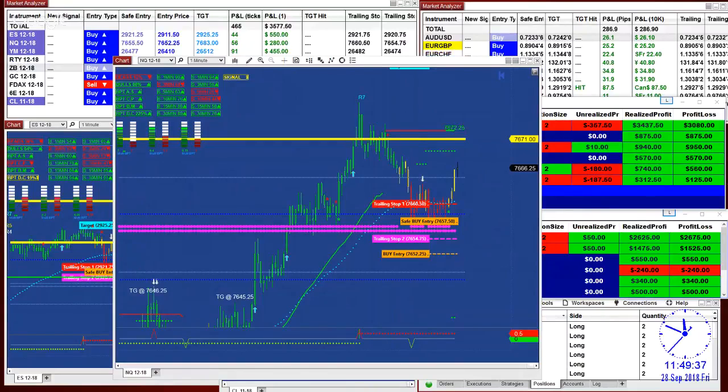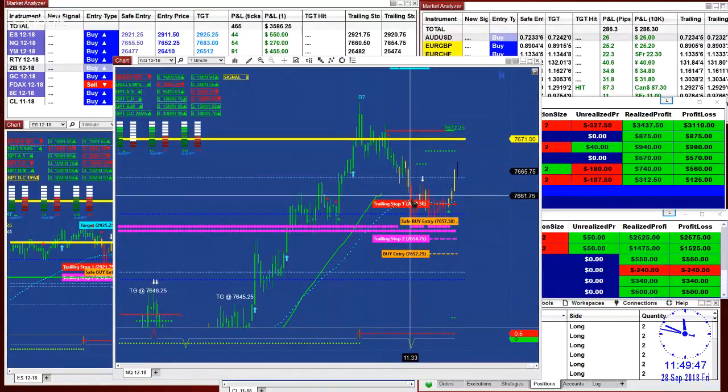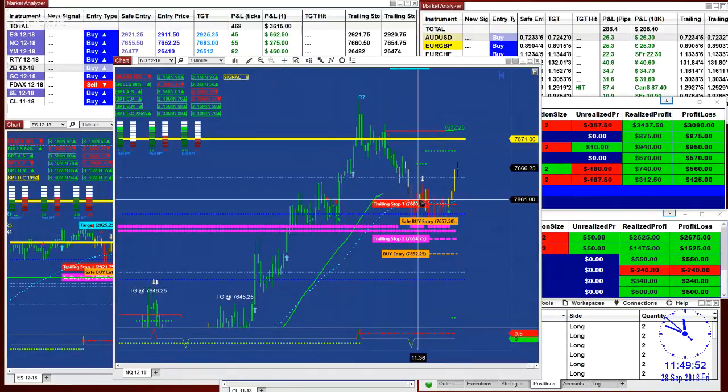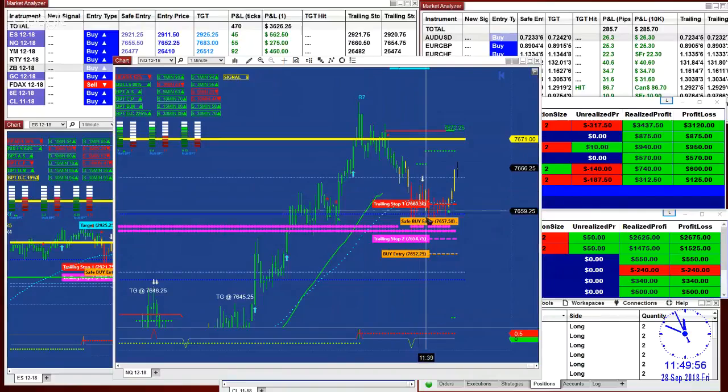By the time their MACDs and ATRs and all these whatnots we've seen lately get into this, the market is pulling back. It's gonna knock them out of that trade.